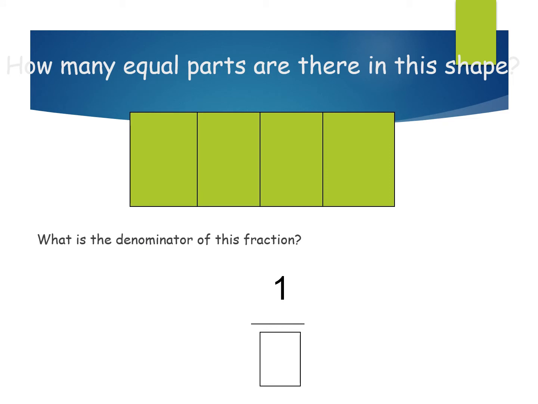So how many equal parts are there in this shape? Yes, we have 1 part, 2 parts, 3 parts and 4 parts. So we have total 4 equal parts. So the denominator will be 4.